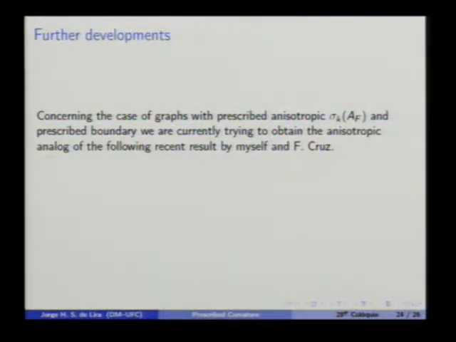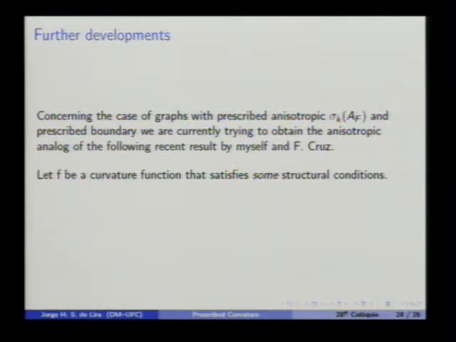Finally, I mentioned that our current goal is to establish the existence for these general elementary symmetric functions of the anisotropic Weingarten map. You have the isotropic version of this. The goal is to generalize a result I obtained with Flávio Cruz.